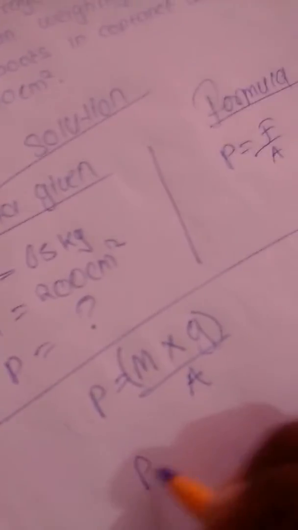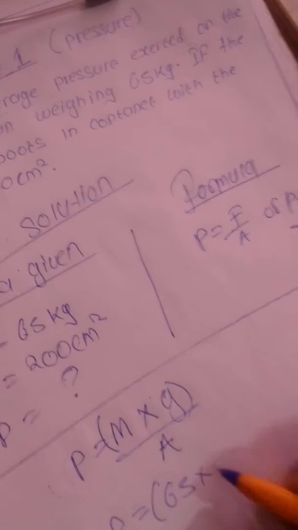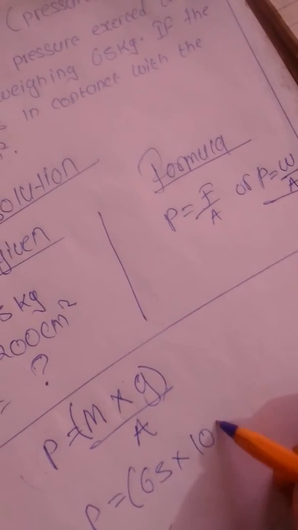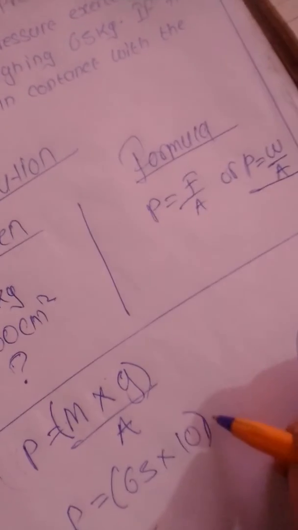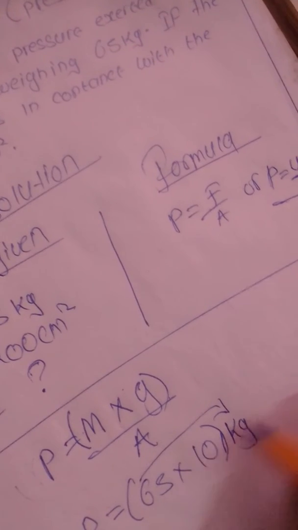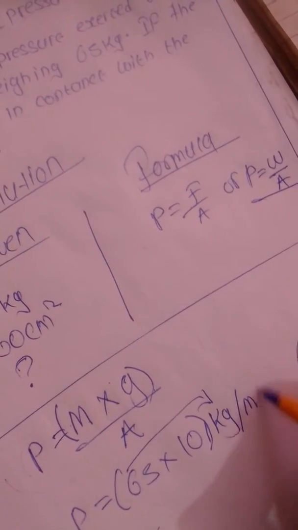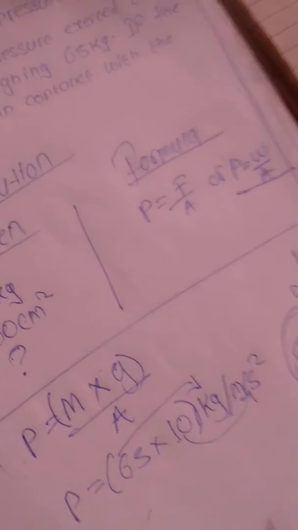Then in this case, pressure is equals to, we're having a mass of 65, open bracket, 65 times our gravity. In this case, we'll go for the 10 meters per second squared, but I'll include the units outside the bracket where I'll say it's kg for this, and kg per meter per second squared for the gravity.